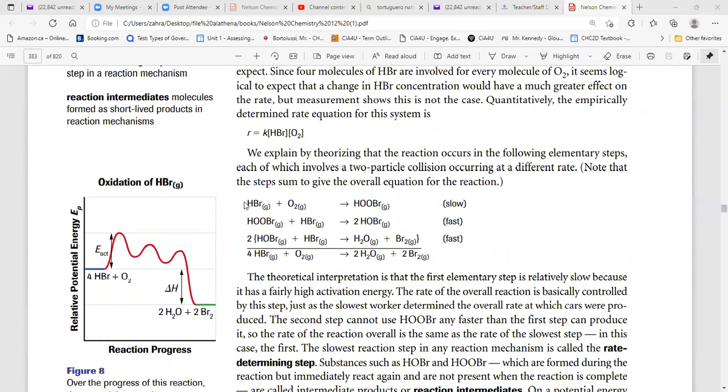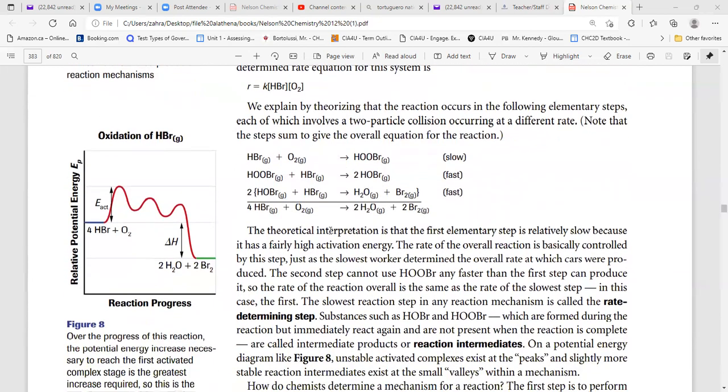Look at the coefficient of HBr, which is 1, and the coefficient of O2, which is 1. That's why the power for HBr is 1 and the power for oxygen is 1. So you need to look at the rate determining reaction to come up with the order of the rate.